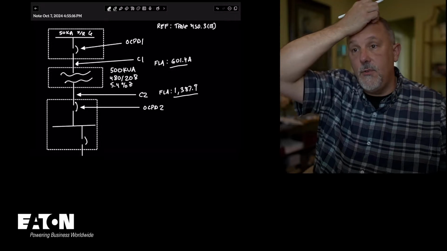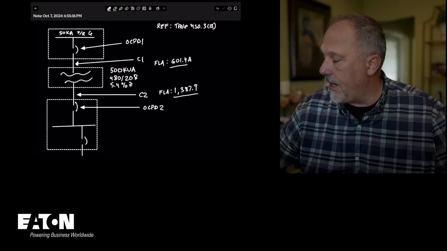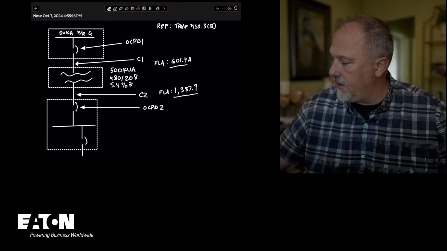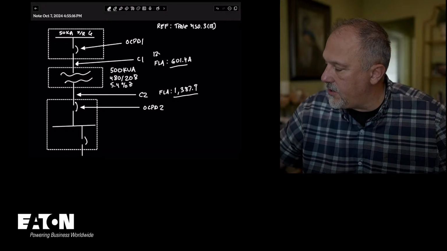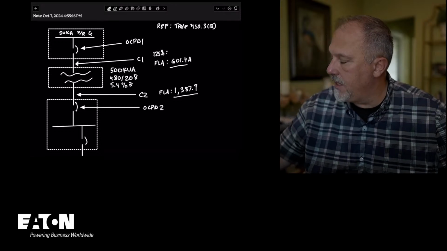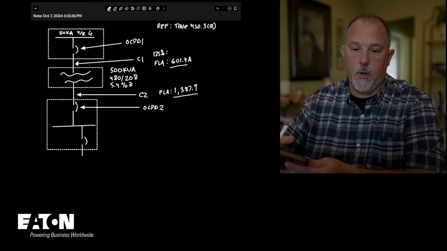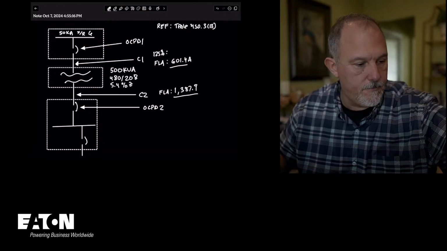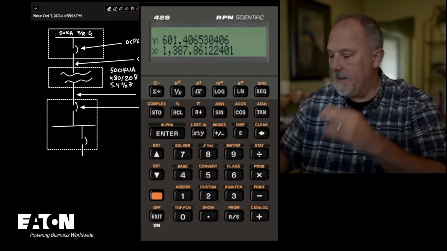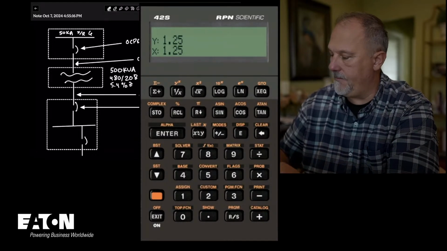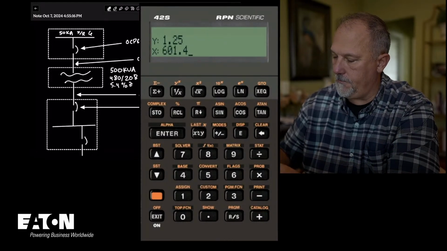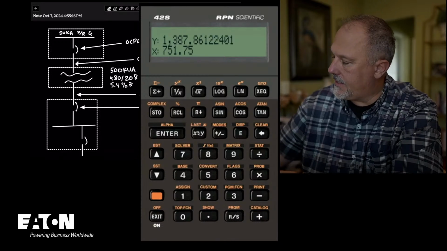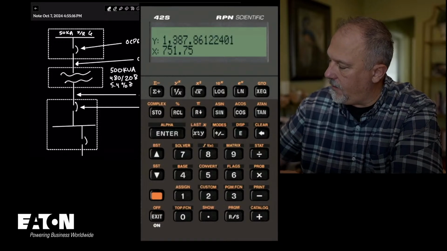I'm going to go with 125% on the primary. So if I'm going to do 125% of 601.4, I take 1.25 times 601.4. That is 751.8.